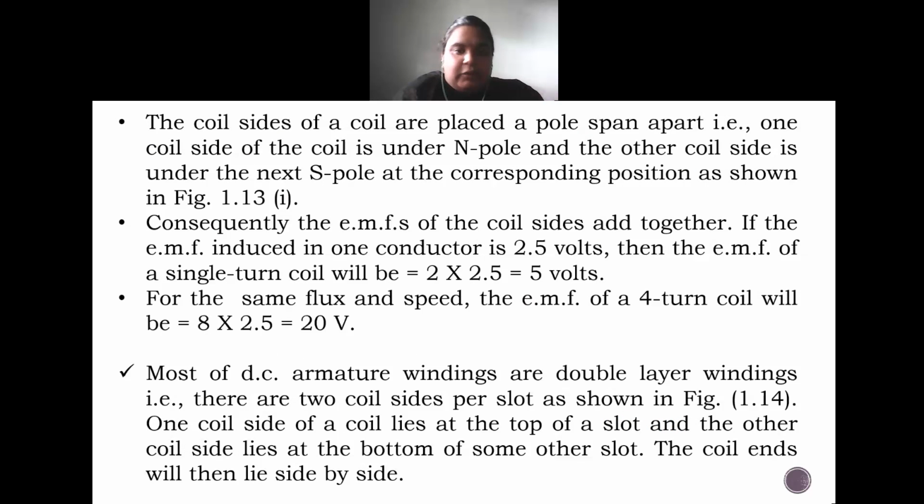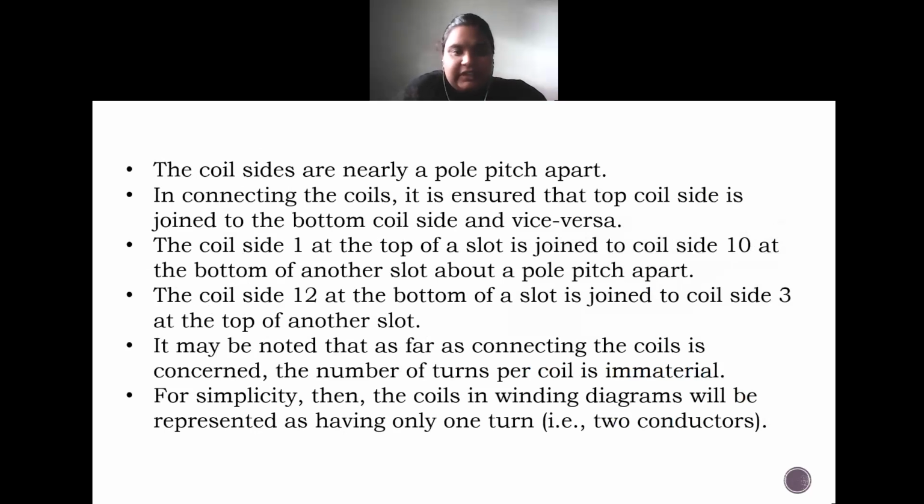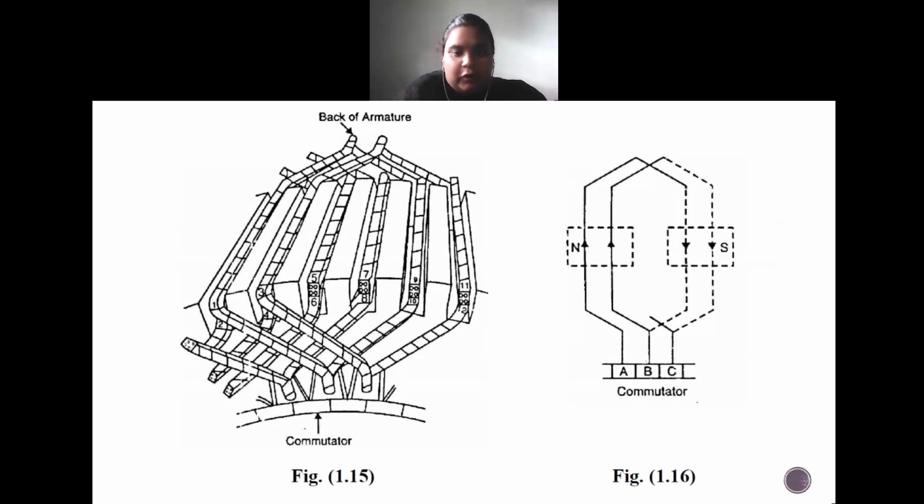Then we have seen the advantage of going for a multi-turn coil. And again we have seen double layer windings as well as single layer windings, why we go for the two layer windings and the single layer windings, and how they are connected.